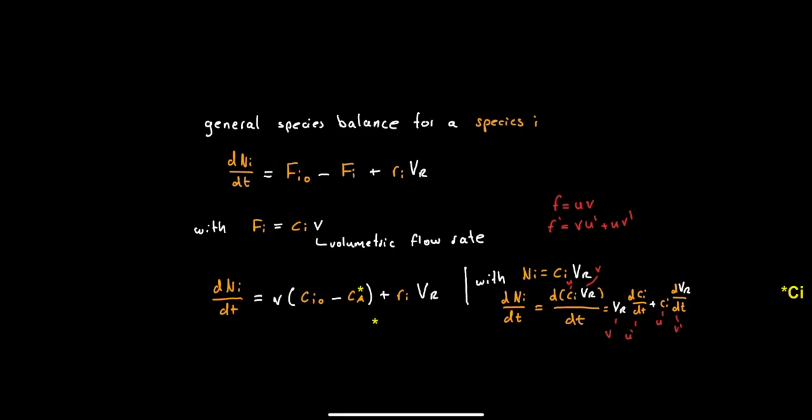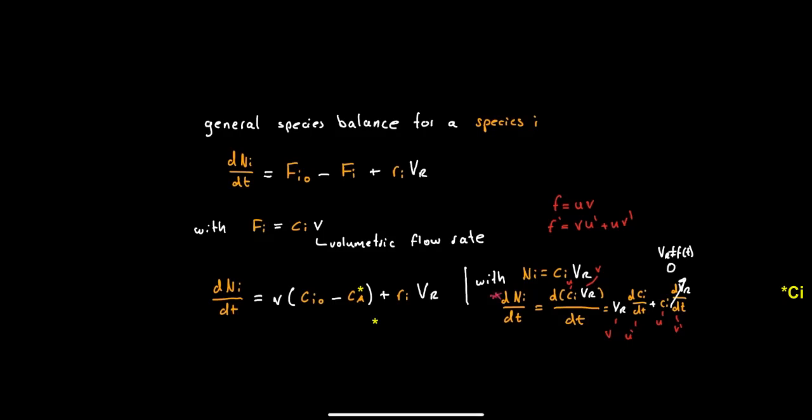So the change of the reactor volume with respect to time is going to be 0, because our reactor volume is going to stay the same independently of the time. So we can say that the reactor volume is not a function of time. Hence, this expression is going to be equal to 0.